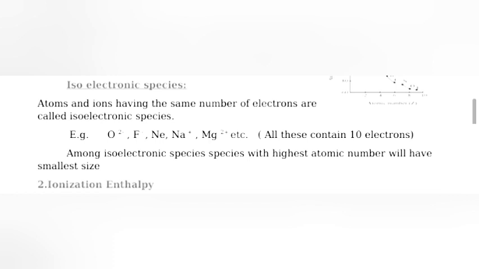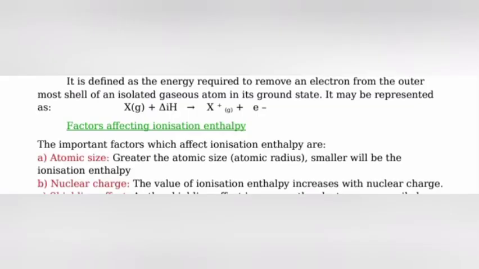2. Ionization enthalpy. It is defined as the energy required to remove an electron from the outermost shell of an isolated gaseous atom in its ground state. Factors affecting ionization enthalpy: A. Atomic size. The greater the atomic size or atomic radius, the smaller will be the ionization enthalpy.